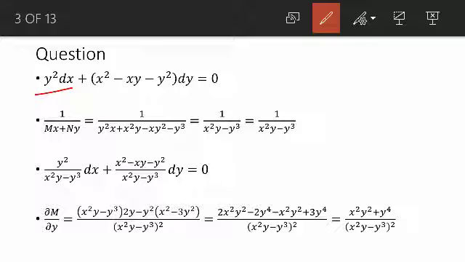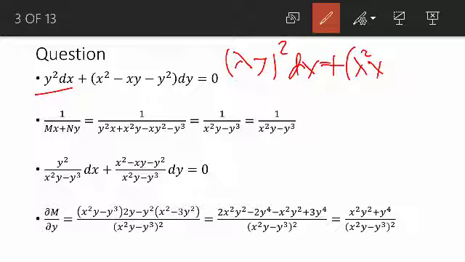Your y squared here becomes (lambda y) all squared, then dx, then plus your x squared is (lambda x) all squared, or we can just say lambda squared x squared, minus xy means lambda x times lambda y, replacing x with lambda x and y with lambda y, then minus y squared, that would be lambda squared y squared.